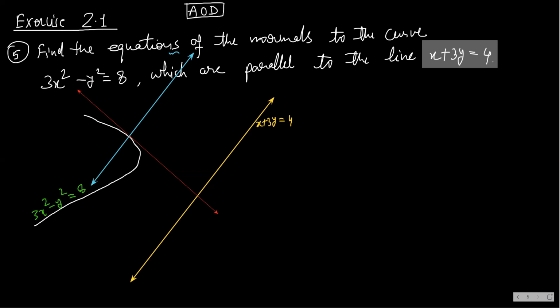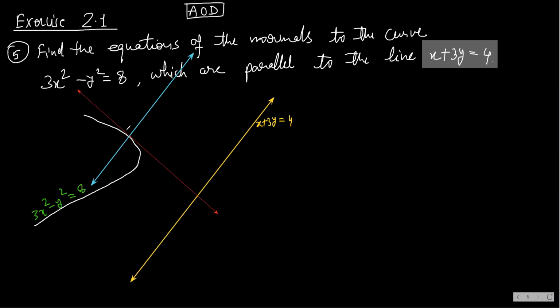It means the chances are that we have two normals parallel to this line, but we are going to consider just one. And if at all there are two, then we will get the two equations. We don't have to worry about it.